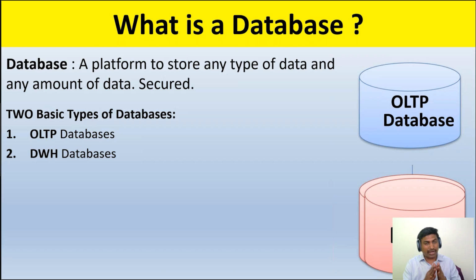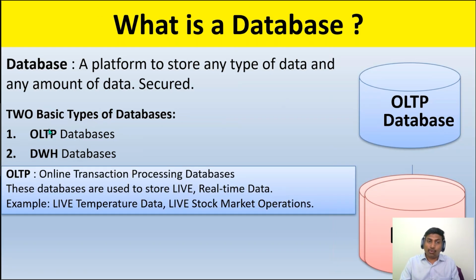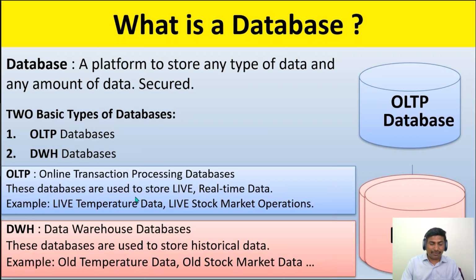OLTP, online transaction processing database, stores live real-time data like live temperature, live stock market, etc. Whereas the data warehouse stores old historical, inactive data, like old temperature, old stock market, etc.